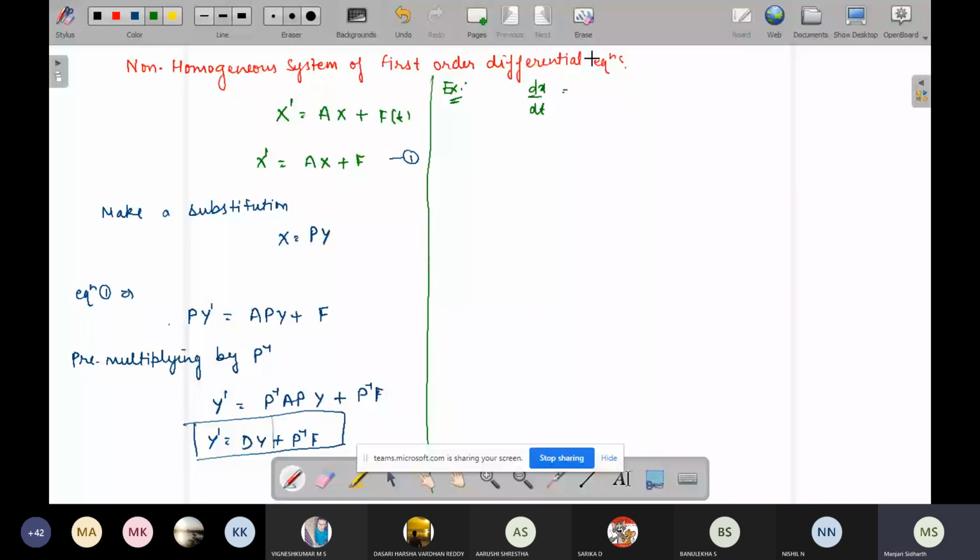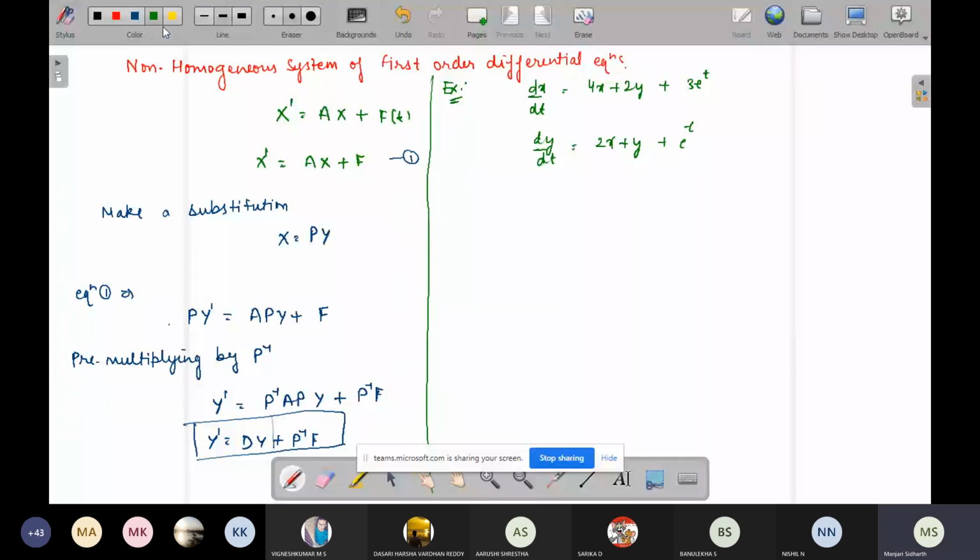dx by dt is equal to 4x plus 2y plus 3e power t. dy by dt is equal to 2x plus y plus e power t.